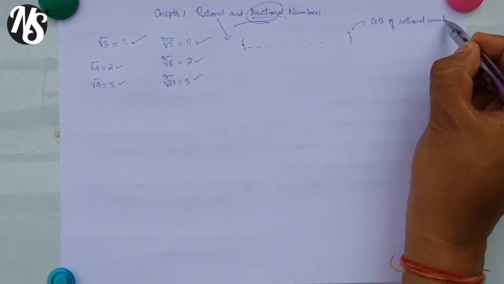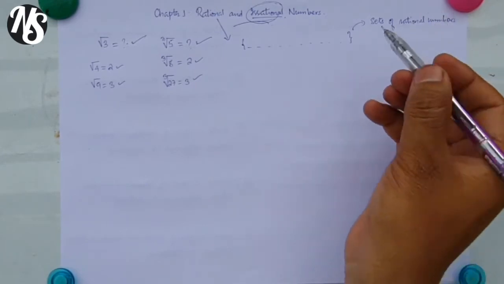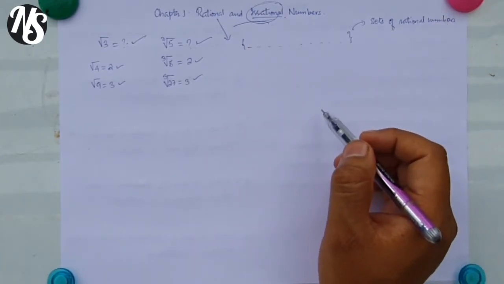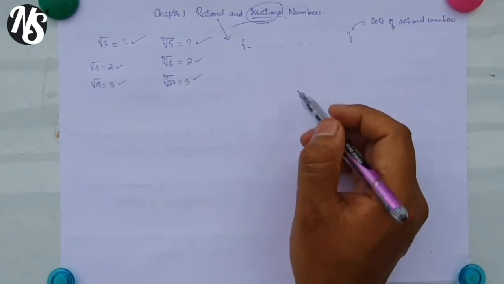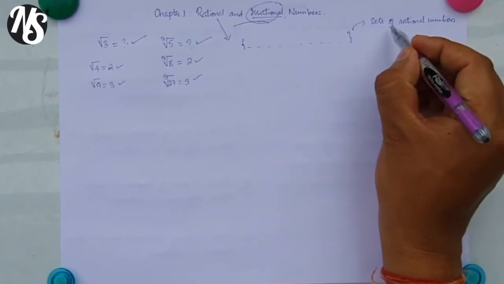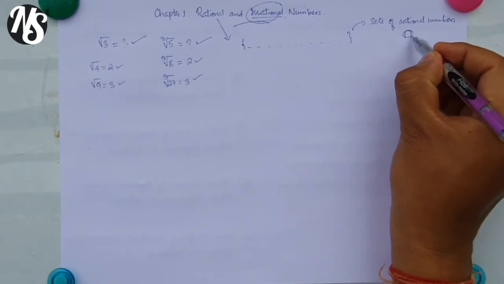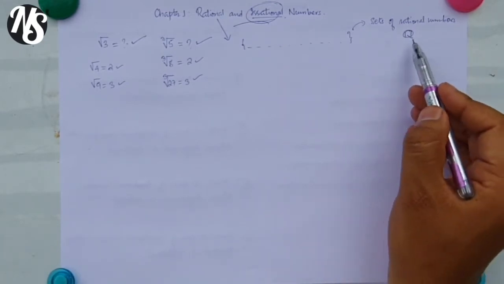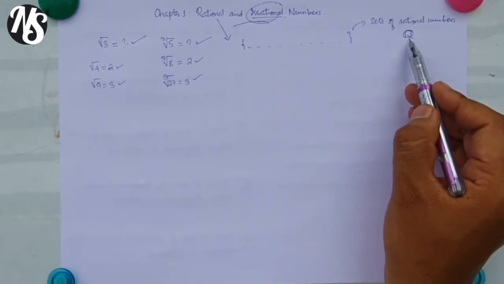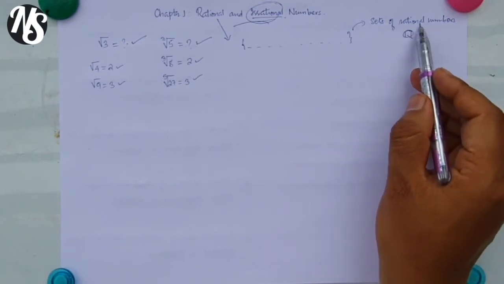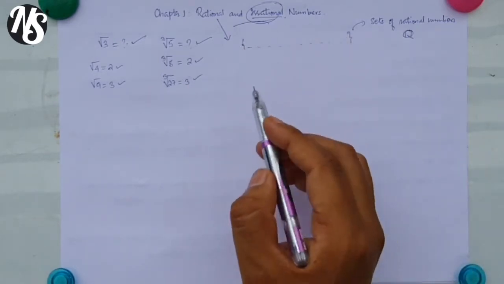But every time I cannot write all the rational numbers this way. So there is a notation for the set of rational numbers, and it is denoted as Q. This symbol Q represents the set of rational numbers, that is this entire set.